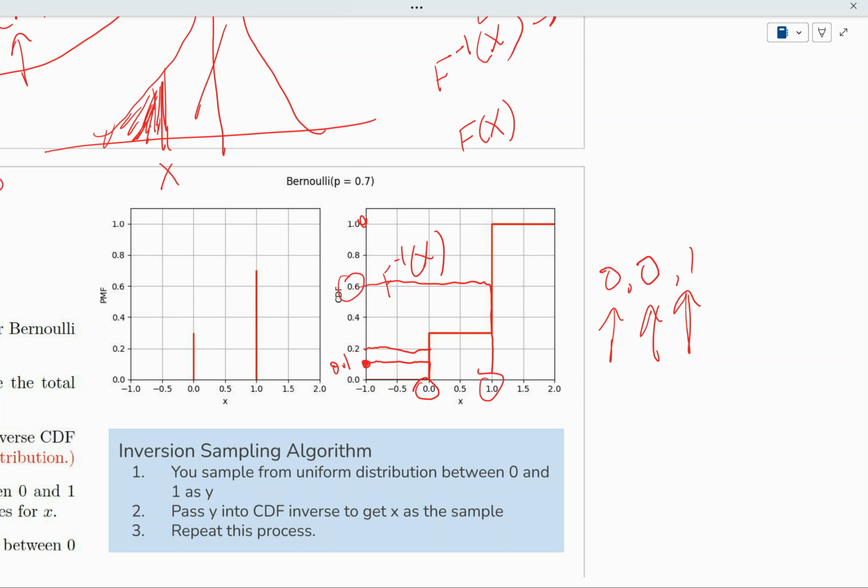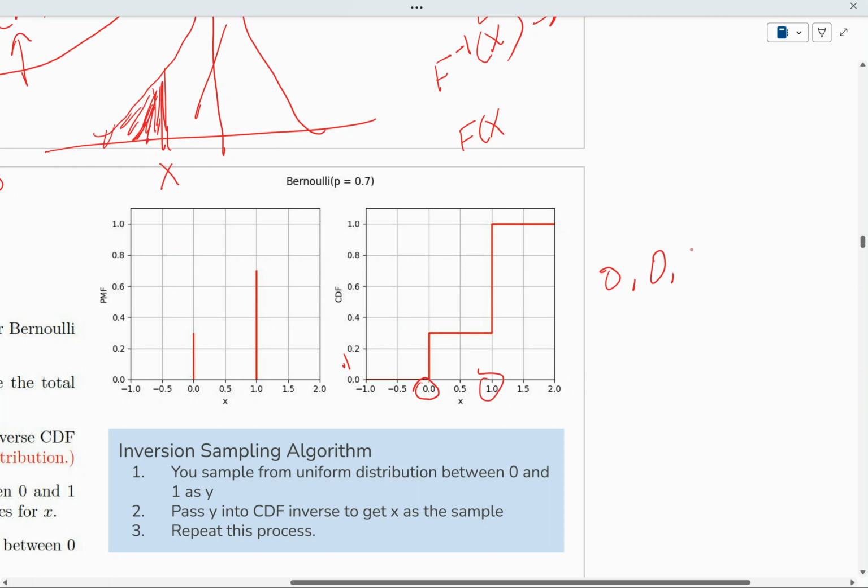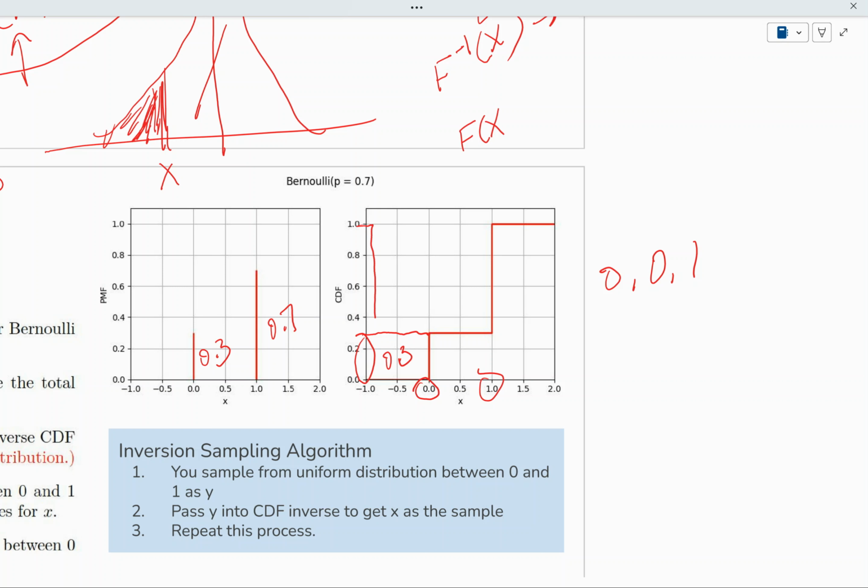So you notice how by generating a random uniform distribution, you're able to then generate 0, 0, 1. Now, ideally, you want to generate 0 with a probability of 0.3, and you want to generate 1 with 0.7. Notice that if you're uniformly generating samples between 0 and 1, the probability that you're going to land in this area is 0.3, and the probability you're going to land in this area is 0.7.